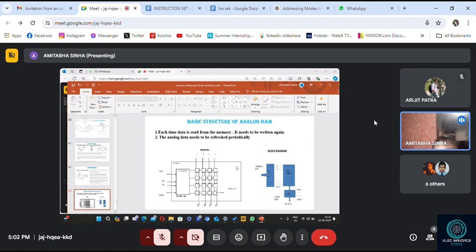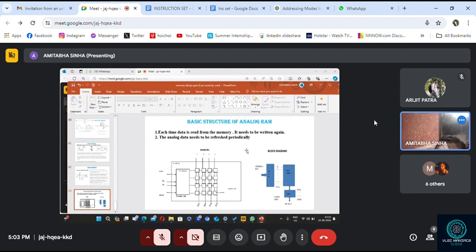And when that charge is transferred, that means the energy is transferred. You cannot create energy, only transform it. So there won't be any charge in that capacitor anymore. So each time you access memory, the data goes away from the capacitor. So what you have to do? Once again, we have to charge it.